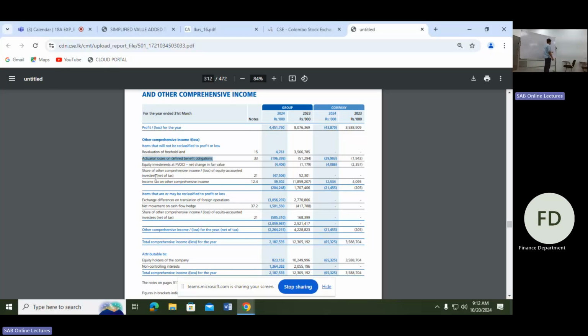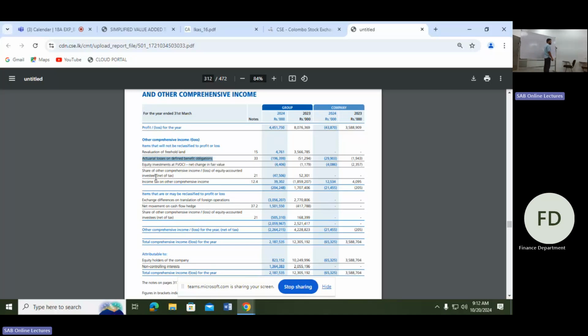And then this is the biological asset, then agricultural produce. So LKAS 41 we consider for both the biological asset and the agricultural produce. Once you are getting a harvest from the biological asset, that is considered agricultural produce.